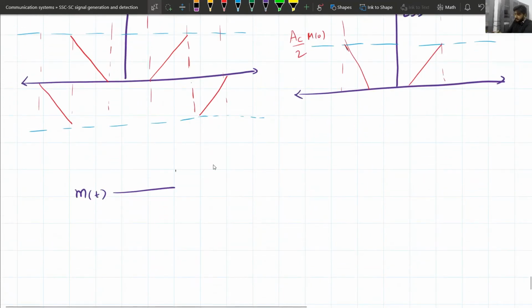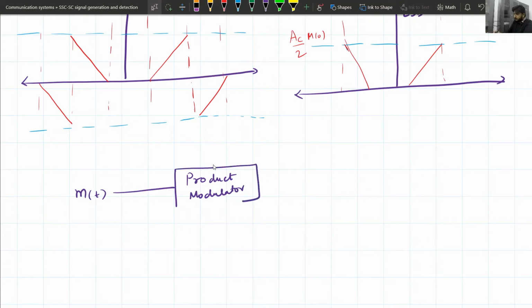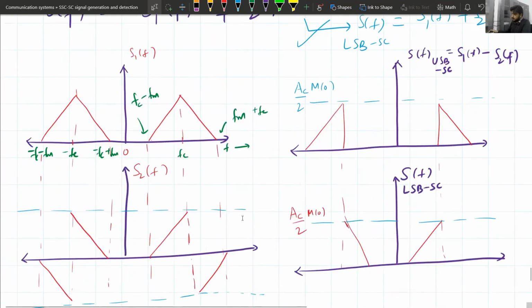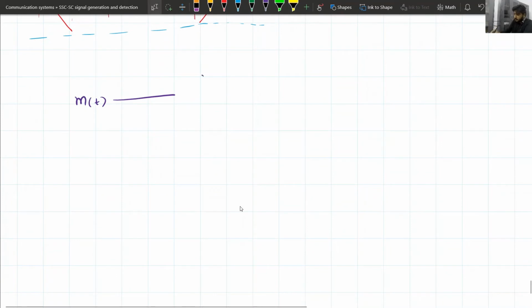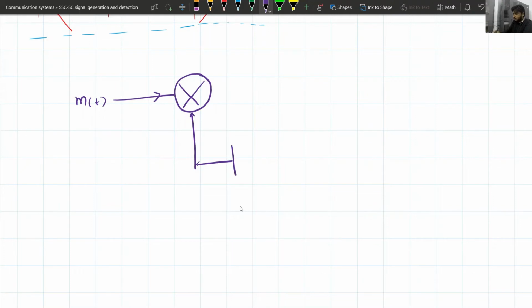MT, product modulator, or simply let's do the product here with a local oscillator.